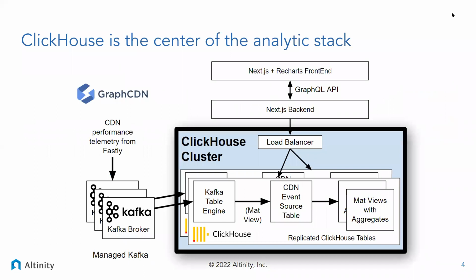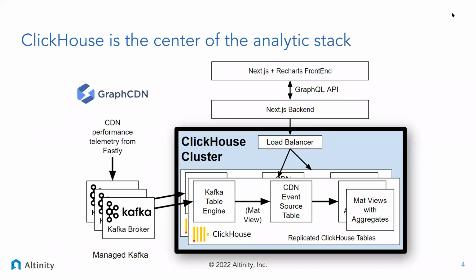So as a result, ClickHouse has become the center of analytics stacks for many applications today. This is just a typical example from one of our customers that we described in a blog, GraphCDN. They provide analytics on GraphQL interfaces. So they have telemetry, which is loaded in from sources like Fastly through Kafka.